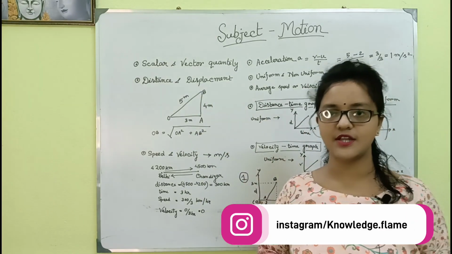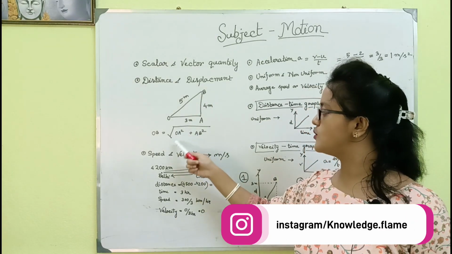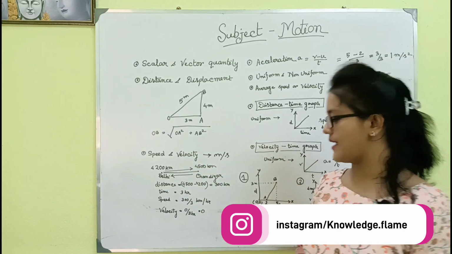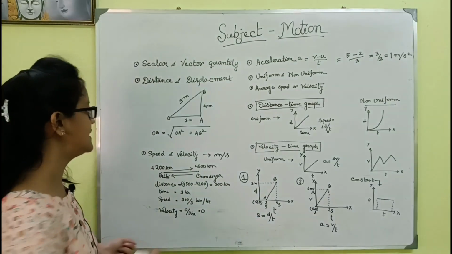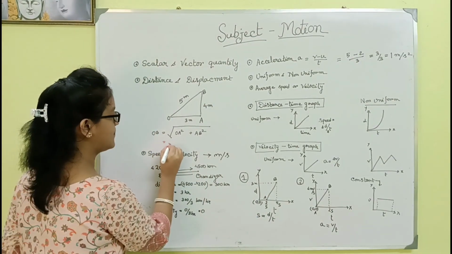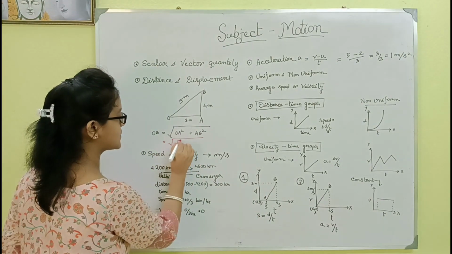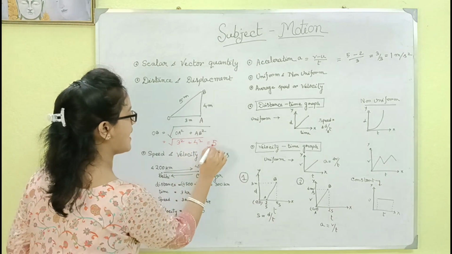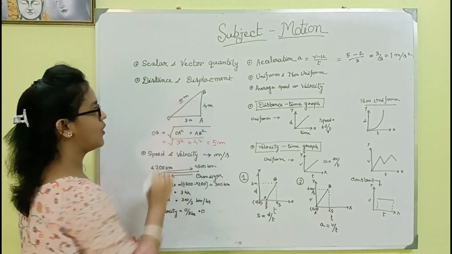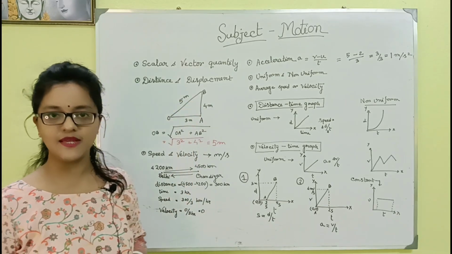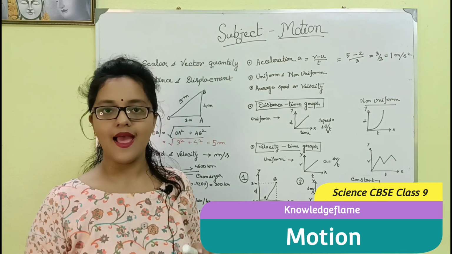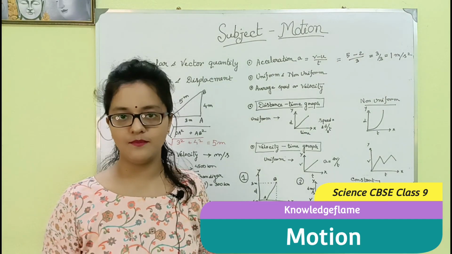By the Pythagoras theorem, OB is root over OA square plus AB square, which is root over 3 square plus 4 square, which is 5 meter. Here I have already written 5 meter. Actually, distance is 7 meter and displacement is 5 meter.